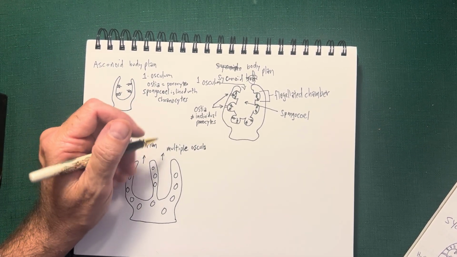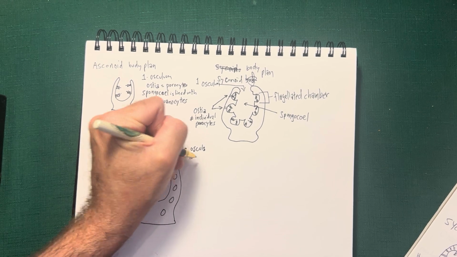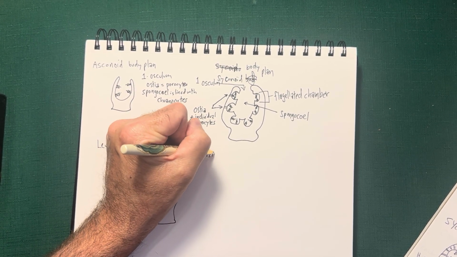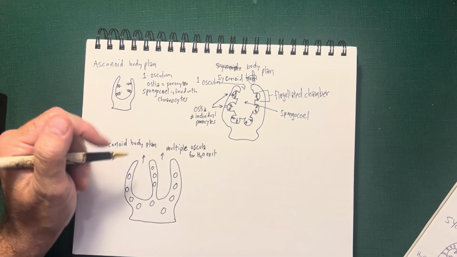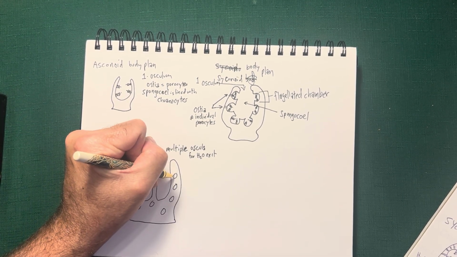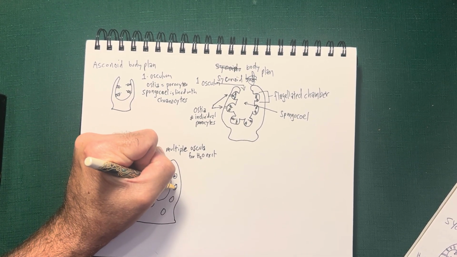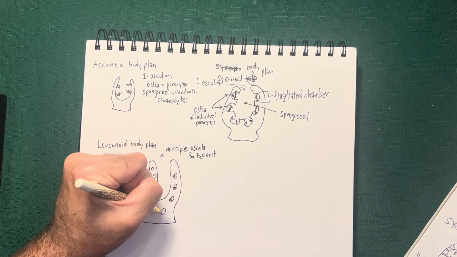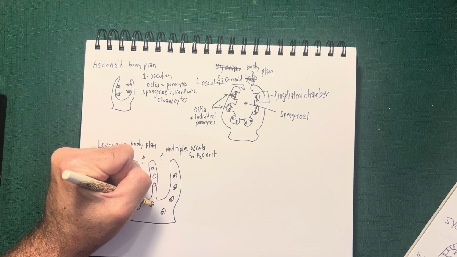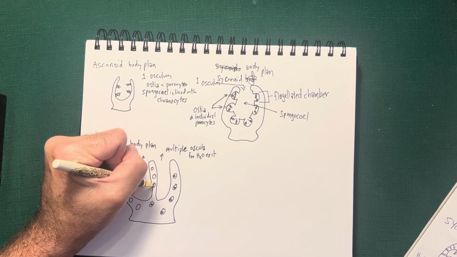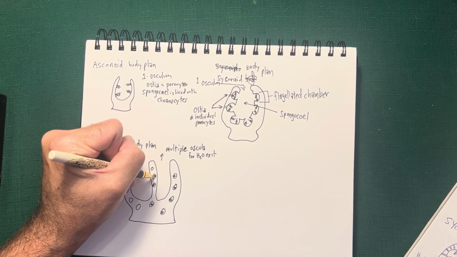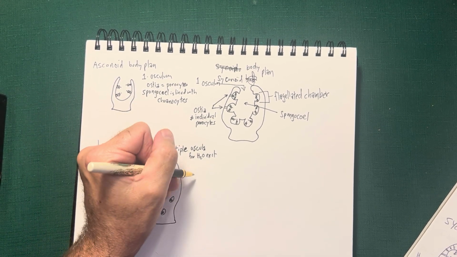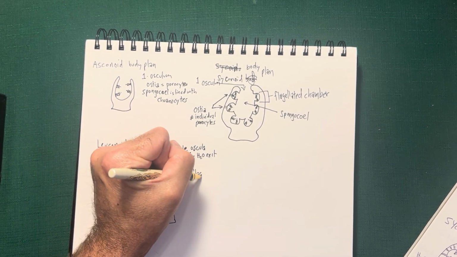Multiple oscula for water exit. And each of these circles here, and I'm doing a really not great job of drawing these in here, and I'm sorry. When you can't draw something very well, label it.